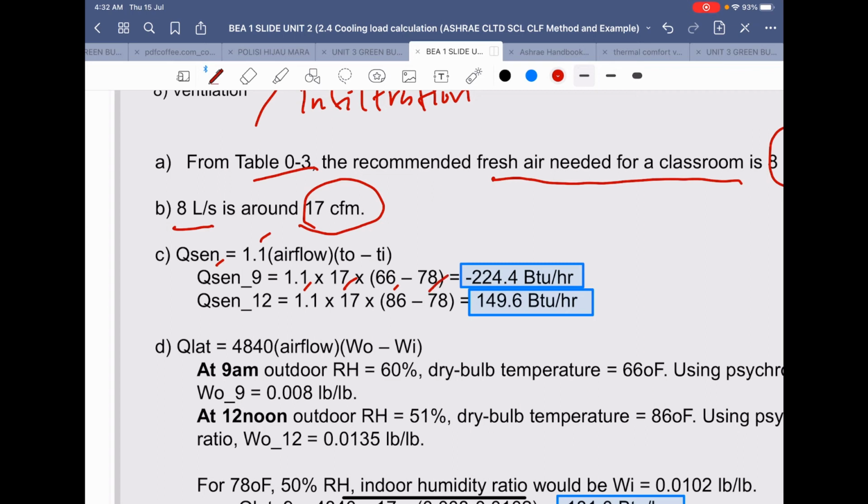The Q sensible at 9 AM will be negative 24.4 BTU per hour. And the Q sensible at 12 noon is 149.6 BTU per hour.